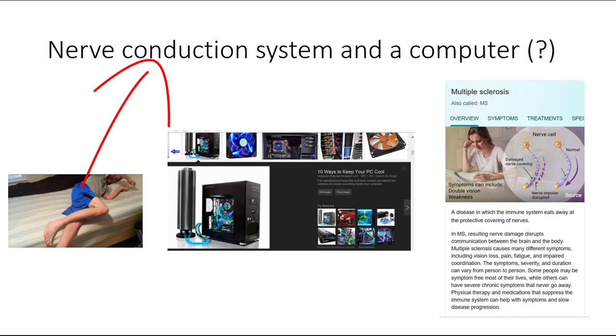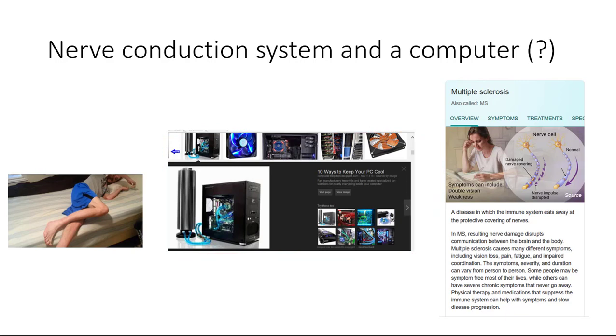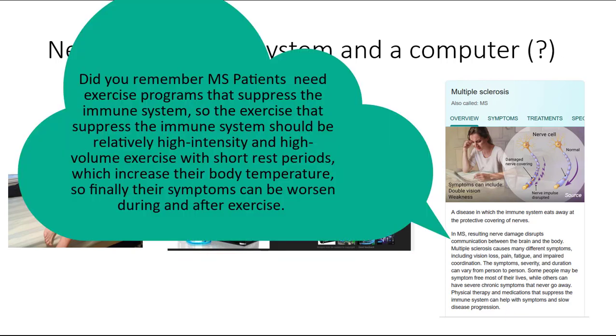When your computer is slower because of overheating, fans or PC cooling devices are very effective at managing heat emission, right? Did you remember MS patients need an exercise program that suppresses the immune system? So, the exercise that suppresses the immune system should be relatively high intensity and high volume exercise with a short rest period, which increases their body temperature.